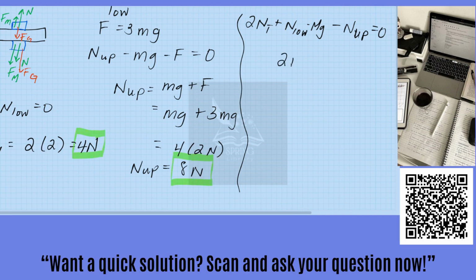So this gives us 2 N_T is equal to capital Mg, they told us, is 20 newtons. We have the upper normal force, which is 8, minus the lower normal force, which is 4. We're moving everything to the right side of the equal sign. So 2 times that normal force of the table is 24 newtons.